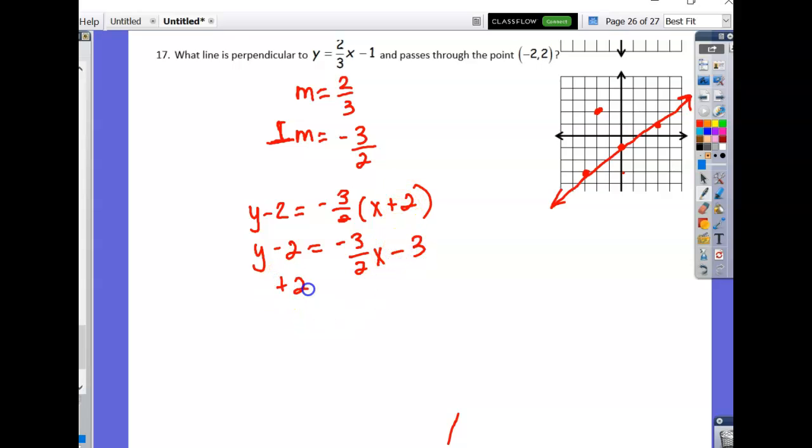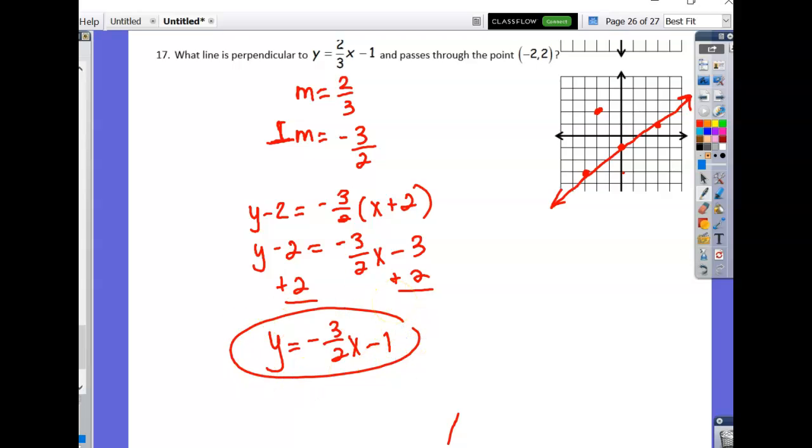When we add 2 to both sides, we end up with y is equal to negative 3/2 x minus 1. So we start at negative 1, and then we go up 3 over 2. Right here. So there's the graph of that second line.